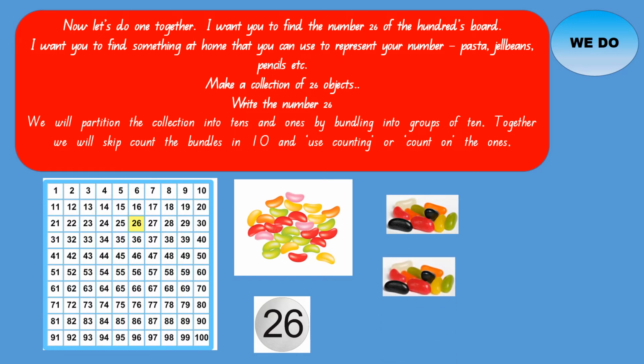Another group of 10 makes 20. 10, 20. Now for the rest of the jelly beans we have to change our counting to counting in ones. So we've got 20 jelly beans so far. Now we've got 21, 22, 23, 24, 25, 26.